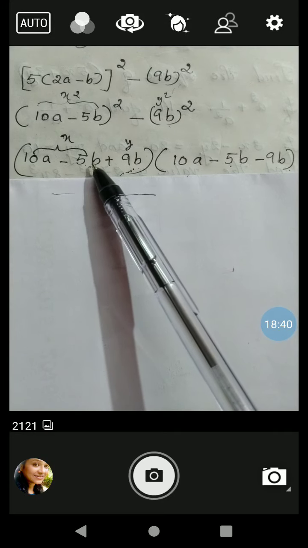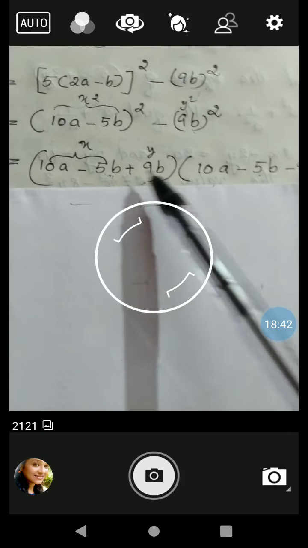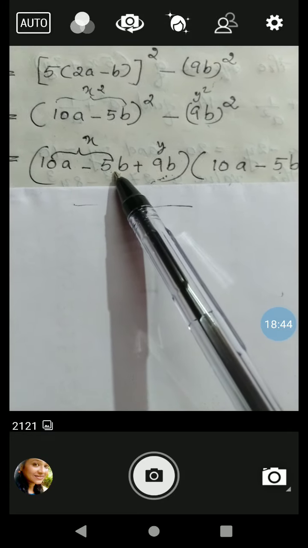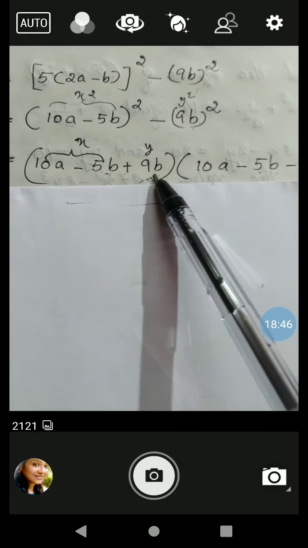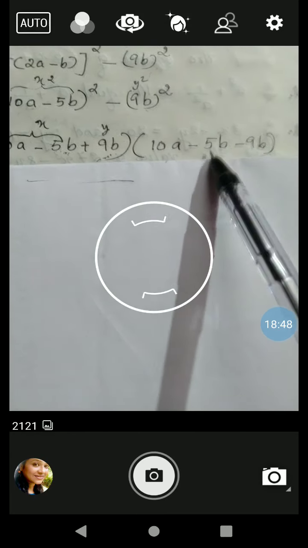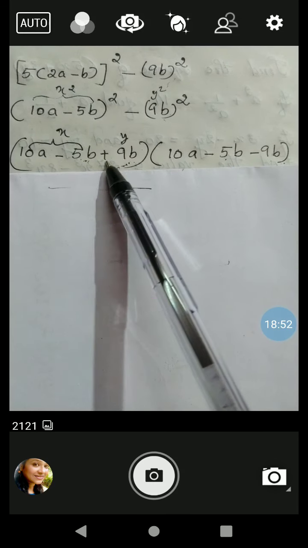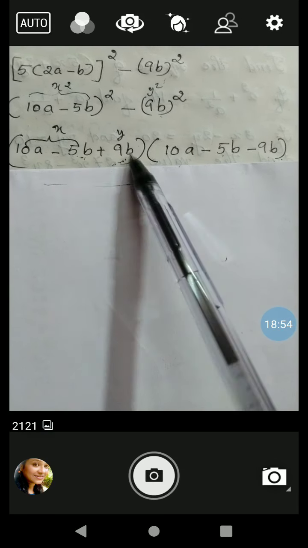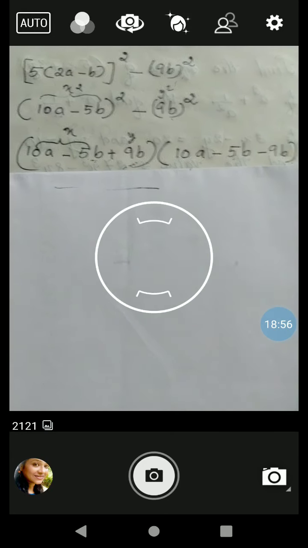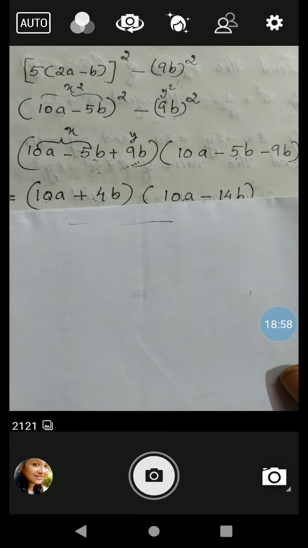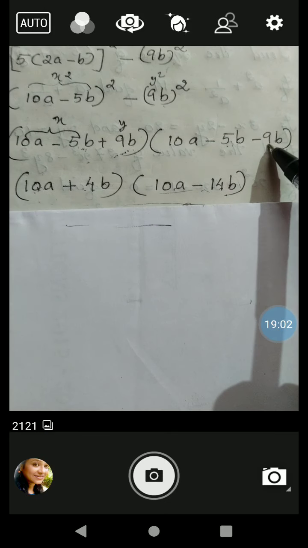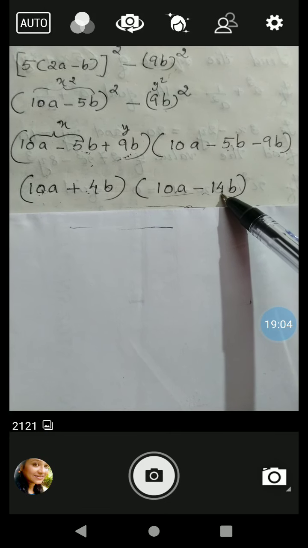Here we can simplify this because you can see these two are like terms. Here also these two are like terms. So simplify this. Minus 5b plus 9b, which is plus 4b. Here minus 5b minus 9b, that is minus 14b.